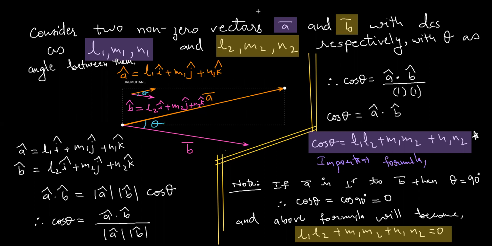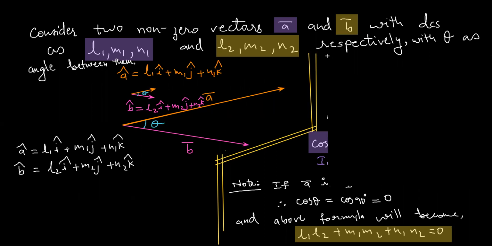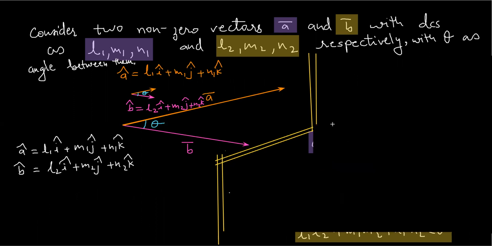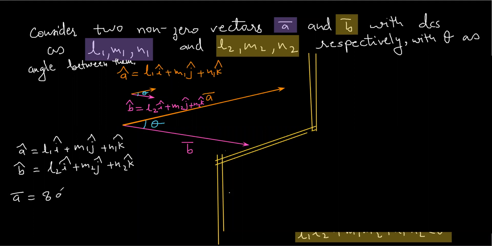I multiply 8 to A cap and I get A bar. So A bar is equal to 8 A cap.